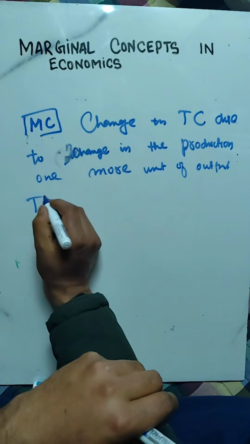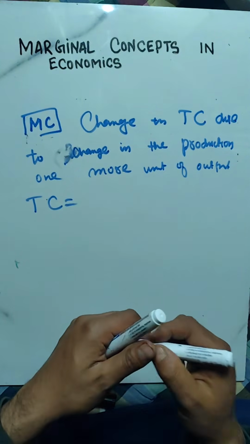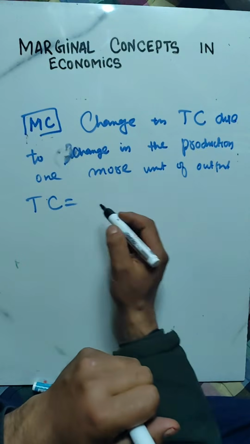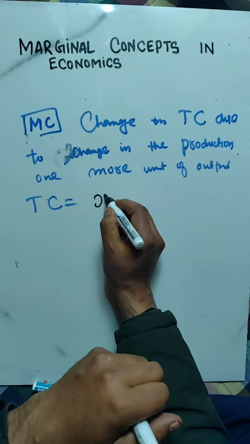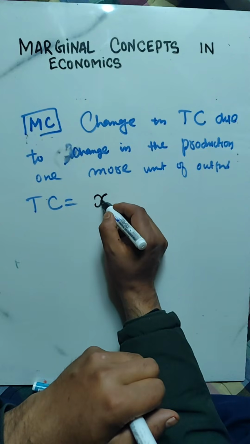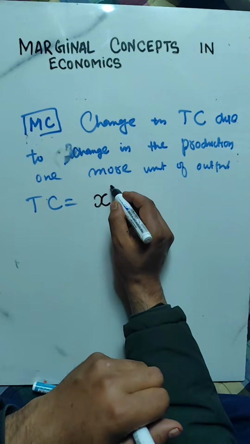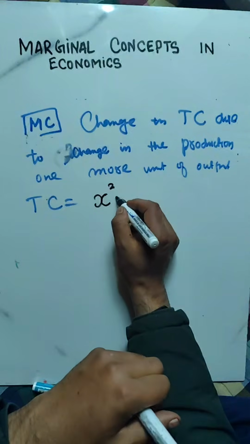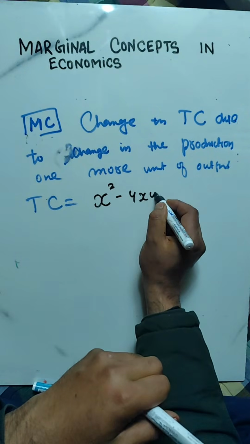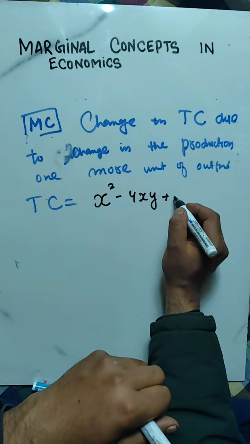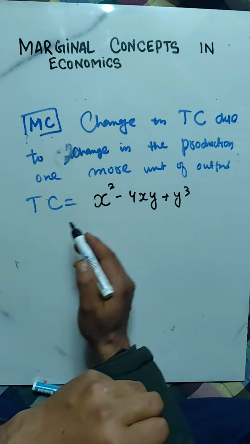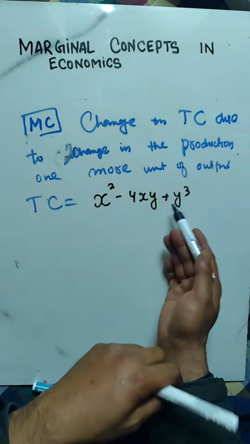Okay, let us suppose total cost is a function of producing good x, and it is related like this: x square minus 4xy. Let us suppose we are taking two goods here, plus y cube. So total cost is a function of two goods produced.